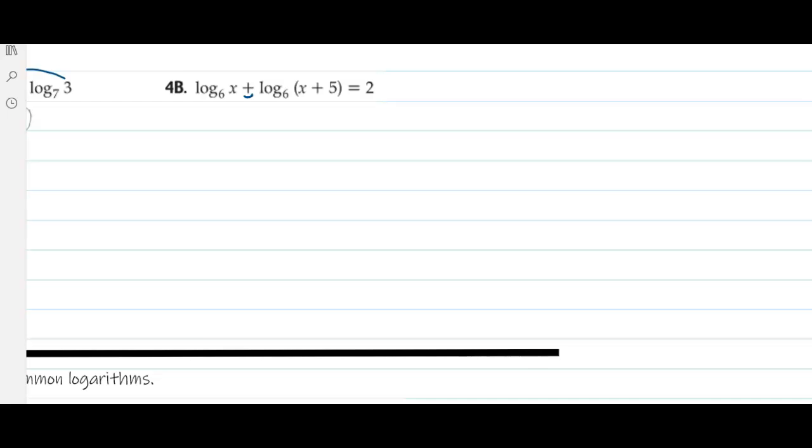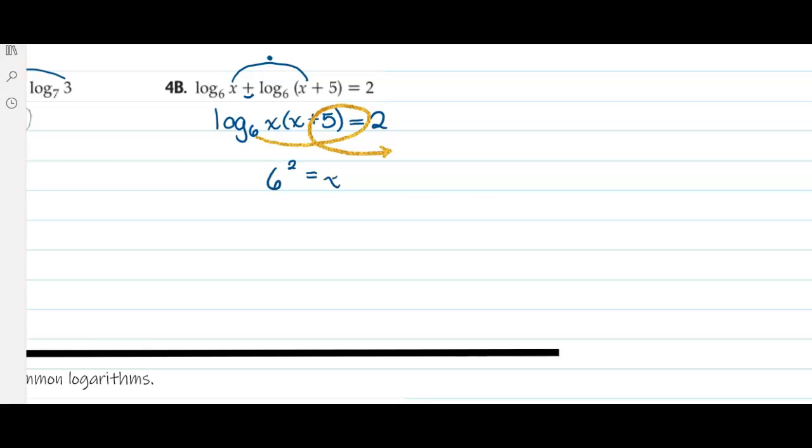Again, we have addition, which means we can multiply these two quantities. We write one logarithm, and then we multiply their two quantities. I can use my exponential function notation conversion, which means 6 to the second equals x times x plus 5.